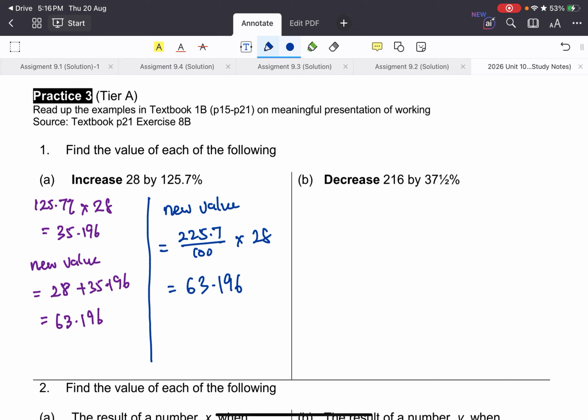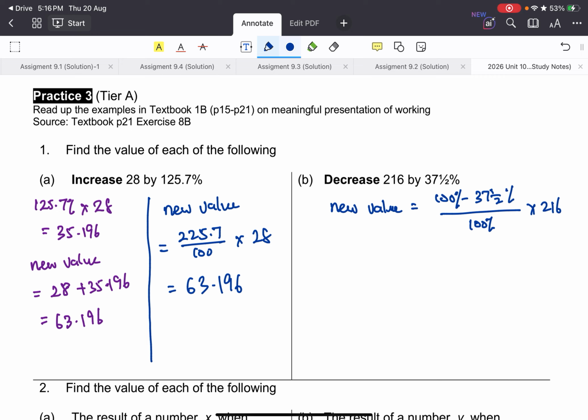Next, decrease 216 by 37.5%. What we do here is start from 100%. My new value is going to be 100% minus 37.5%, over 100%, times 216.